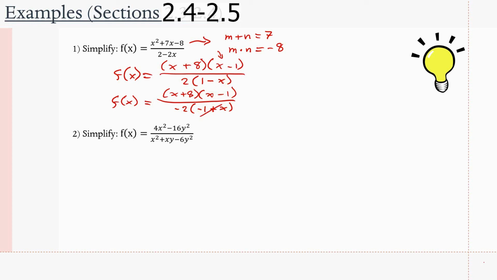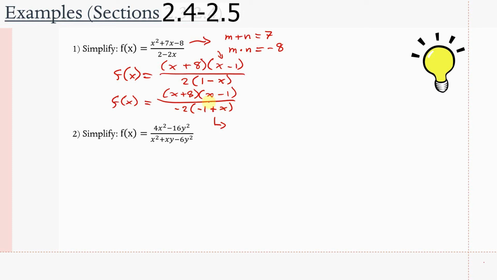But before we do that, let's note the restrictions first, before we divide out common factors, so we can really see the restrictions before they're gone, right? So from this factor, we need to find out what makes the denominator equal to 0, which will make the function undefined.